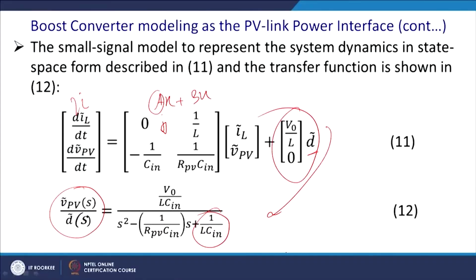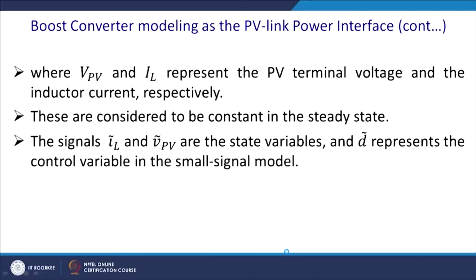If it is a second order system, we can analyze it quite well. So, s squared minus 1 by R_PV into C_in into s plus the natural frequency of oscillations, which comes out from the L and the input capacitor.